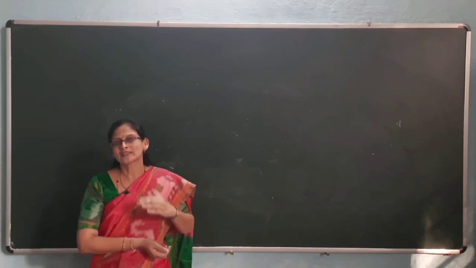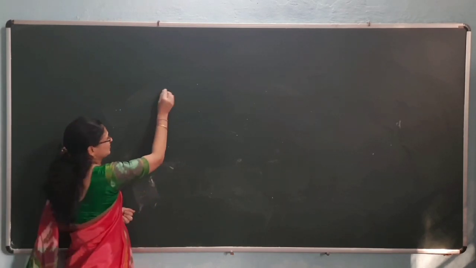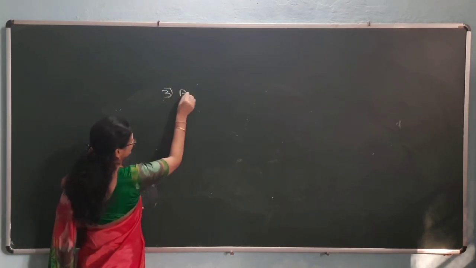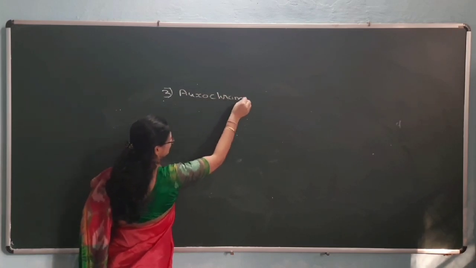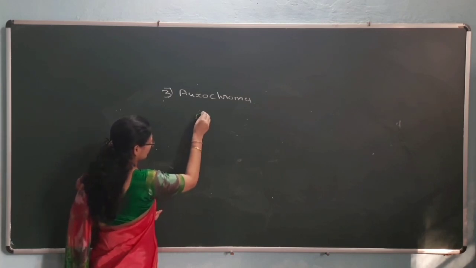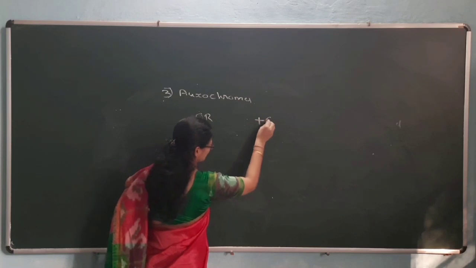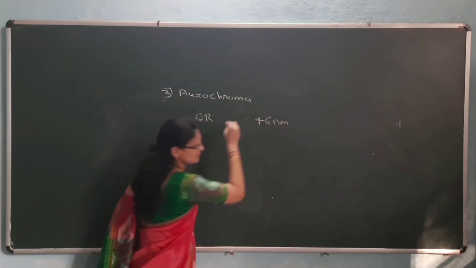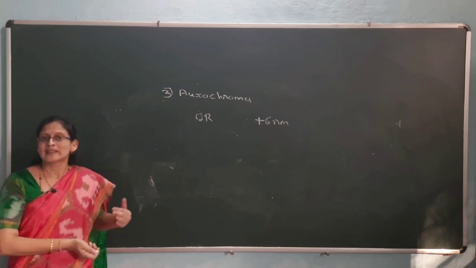Then we will move to the third part, that is the auxochromes. If it is an alkoxy group, then we have to give plus 6 nanometer. We have to add this plus 6 nanometer to the basic value.